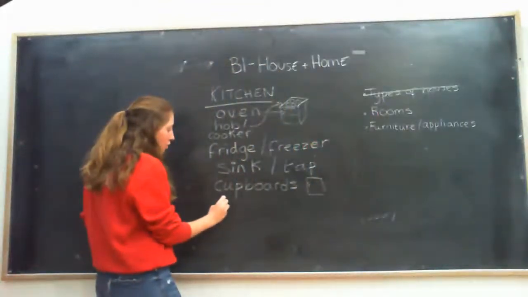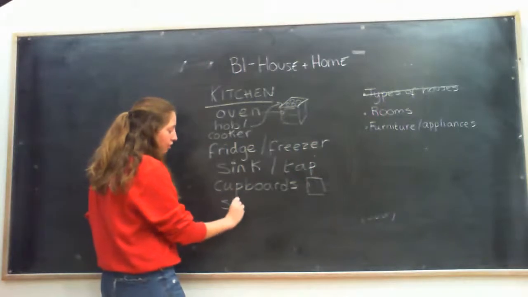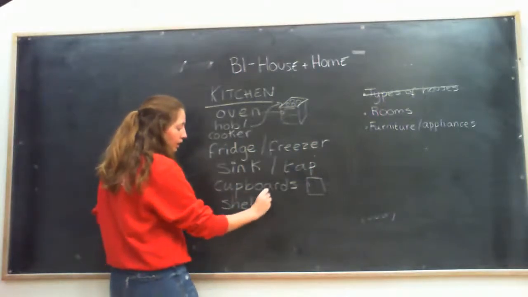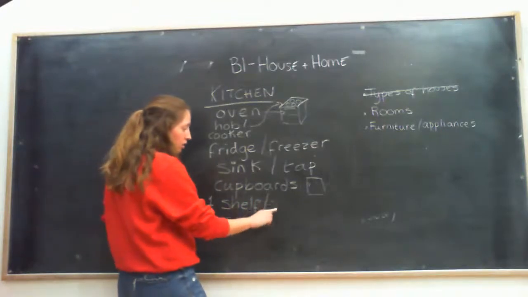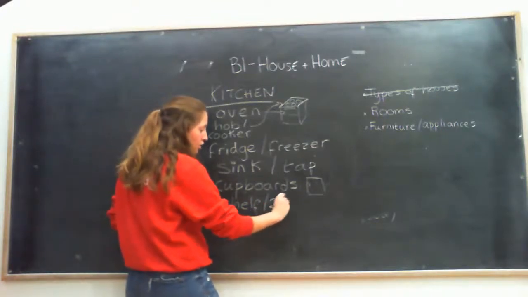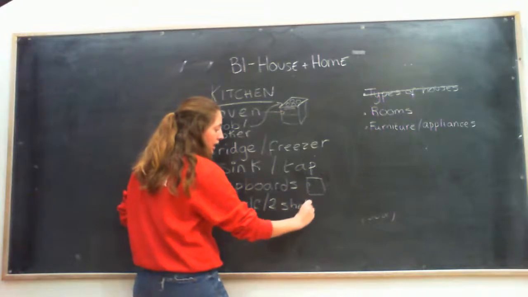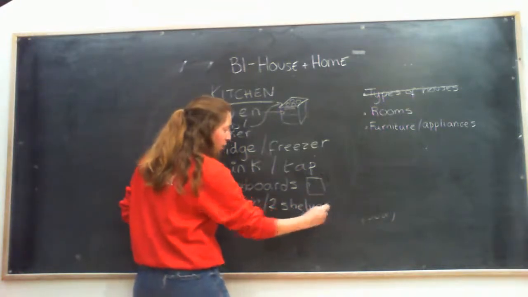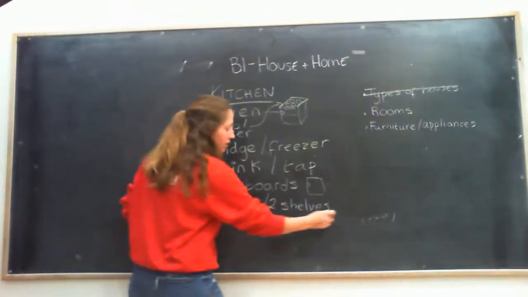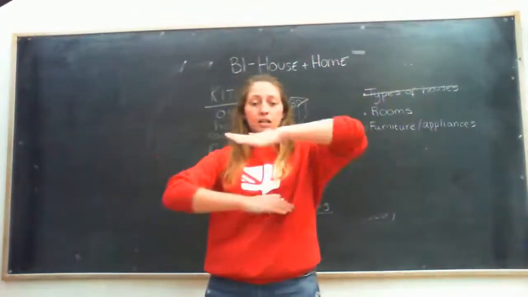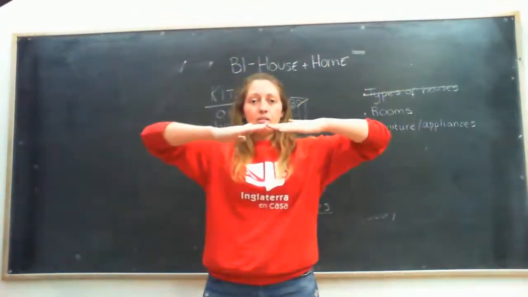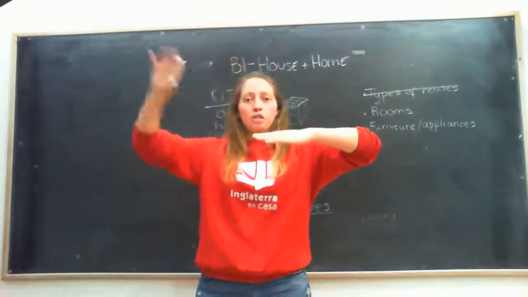You can also have a shelf, or in the plural, 2 shelves. Yes, remember in English, if you have one thing with an F, you have 2 things with a V, shelves. A shelf is like this, a line, and I put things on my shelf.